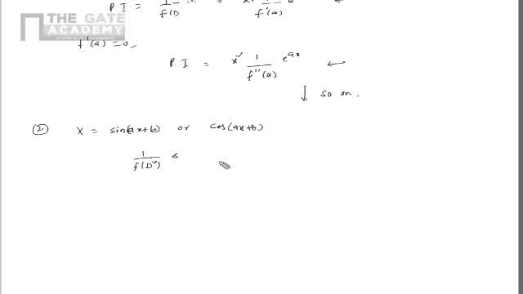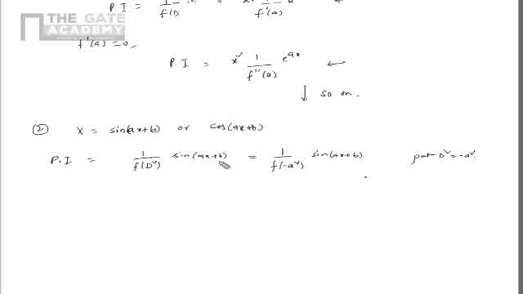If you succeed in bringing it in terms of D square, then in the place of D square you substitute minus a square. So put D square equals minus a square. Basically f of D must be written as a function of D square, which happens only when all the D terms are in the form of D square.